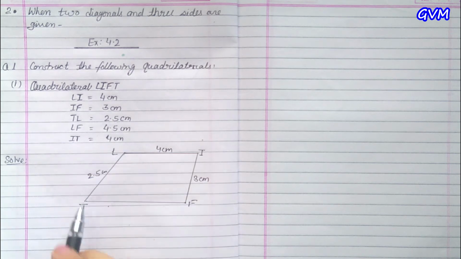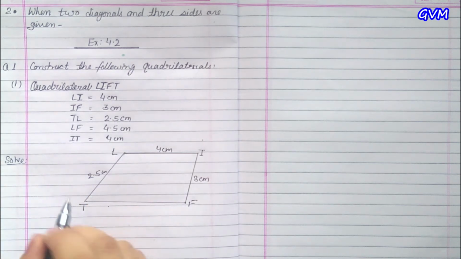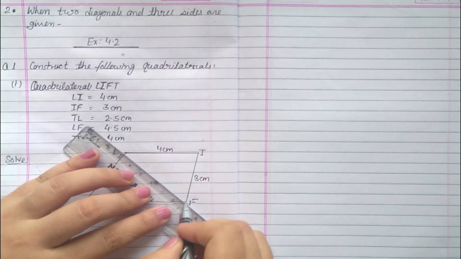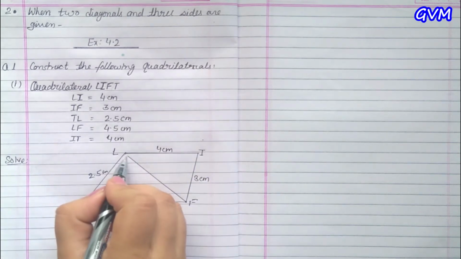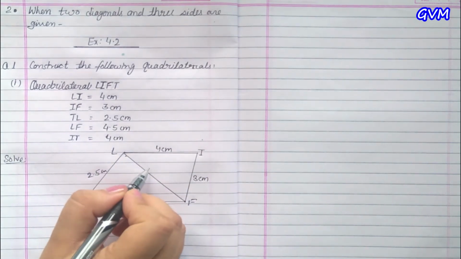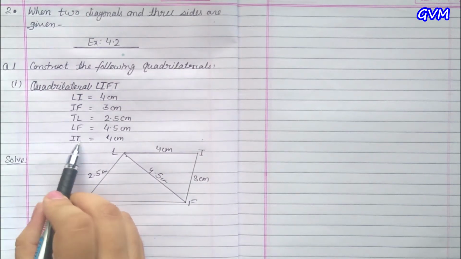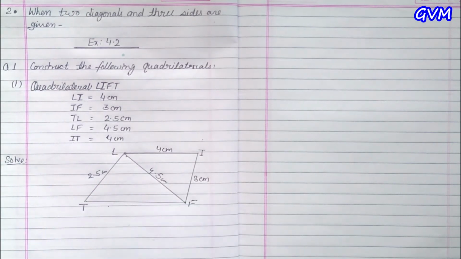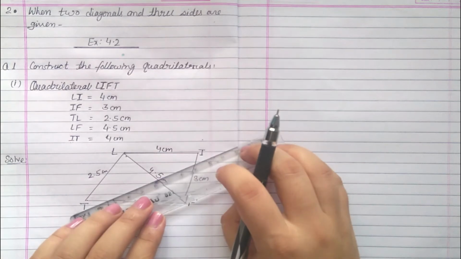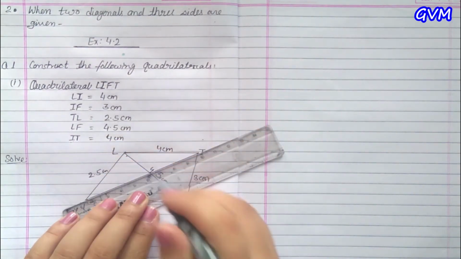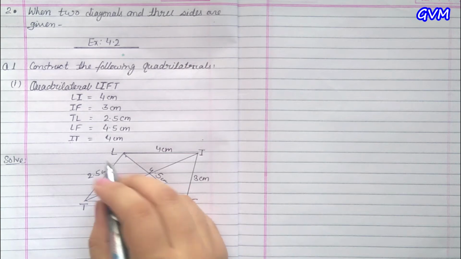LF is 4.5 centimeter, which is a diagonal, so construct this diagonal. This is 4.5 centimeter. Now IT, the other diagonal, is 4 centimeter.